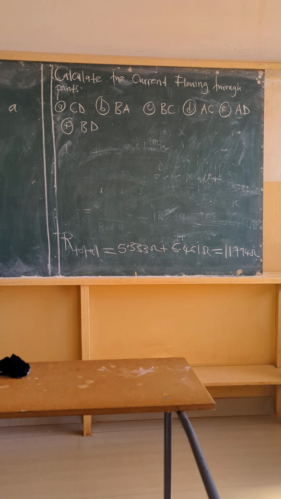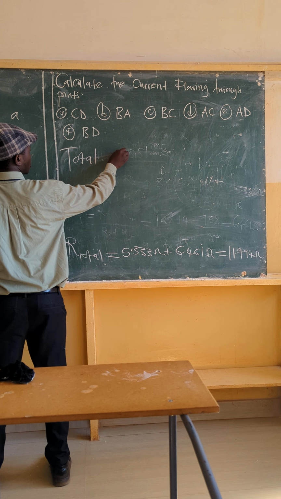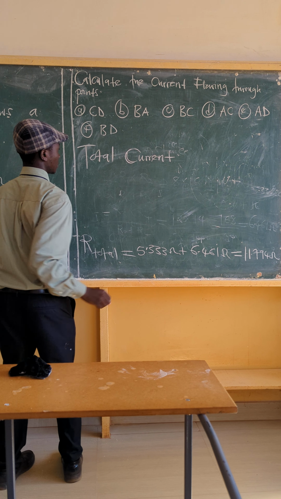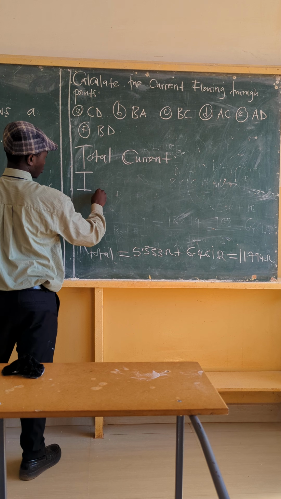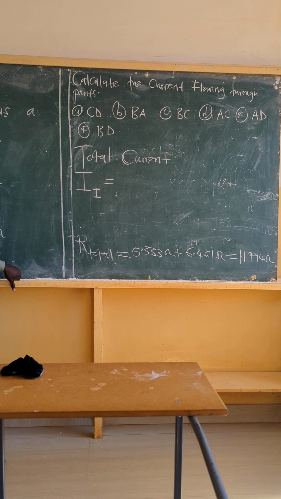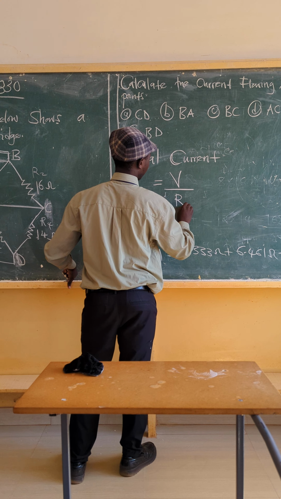So current total, which is IT, is equal to voltage over resistance.